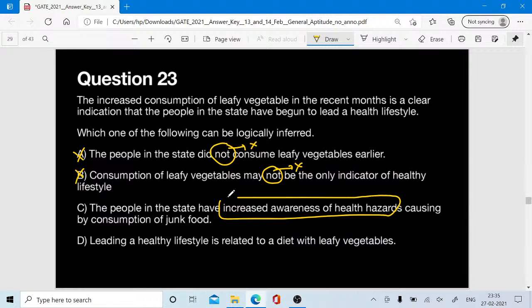Is this statement there anywhere? Increased awareness of health hazards? No, it's not there. Leading a healthy lifestyle is related to diet. Is the word diet there? Yes. Increased consumption of leafy vegetables means a diet only. So D is going to be the right answer.